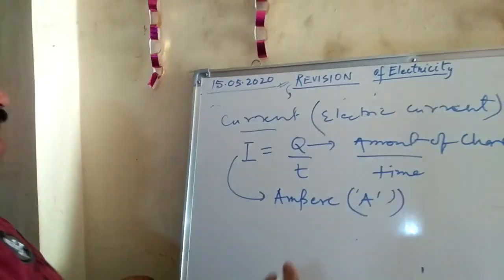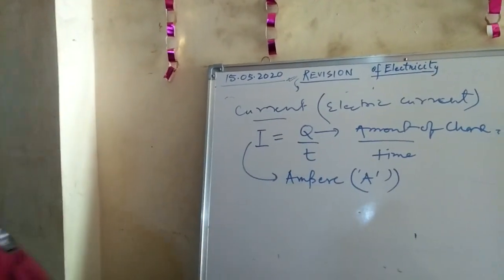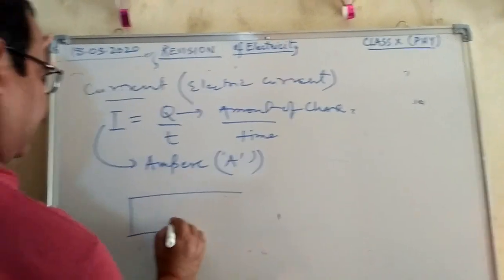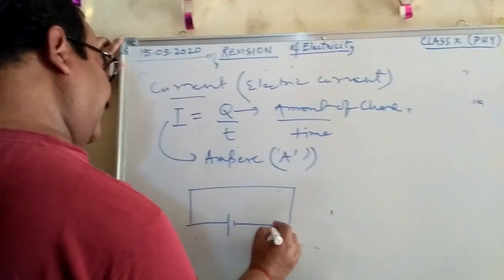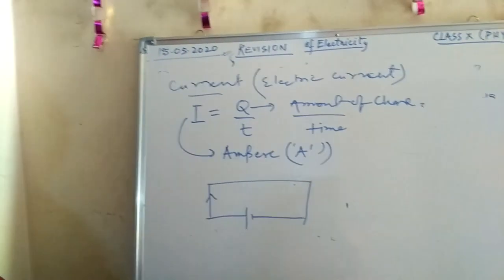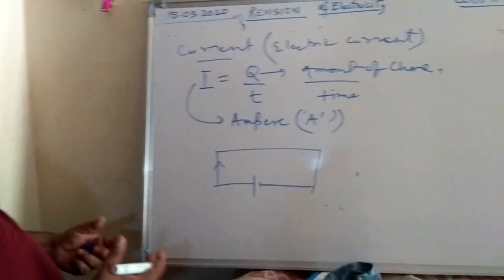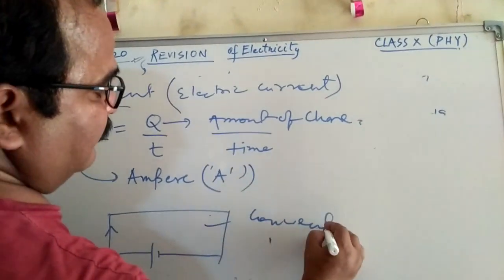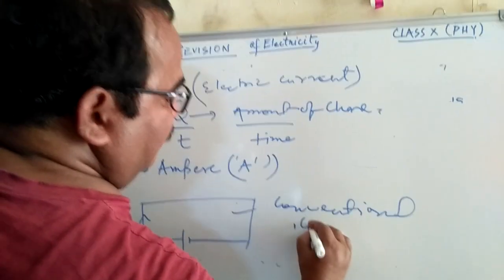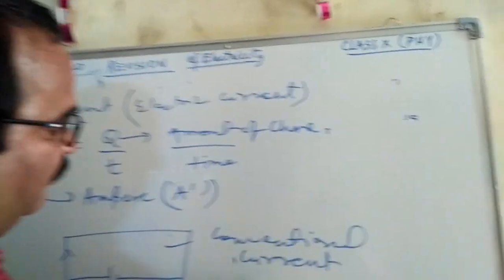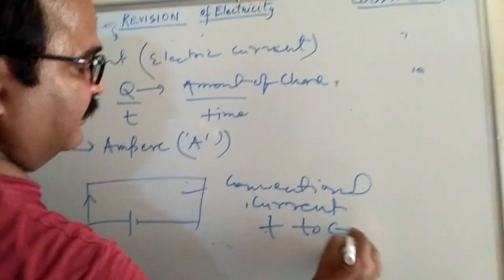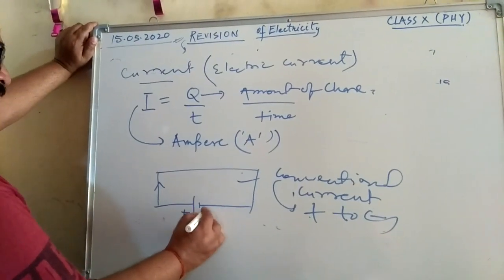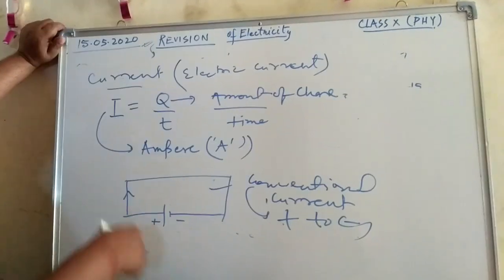When you study current in circuits, there are two types of things that flow in the circuit. One is called conventional current, and that flows from positive to negative. But just opposite to that, the charge also flows in the circuit, and that is why the current is induced.